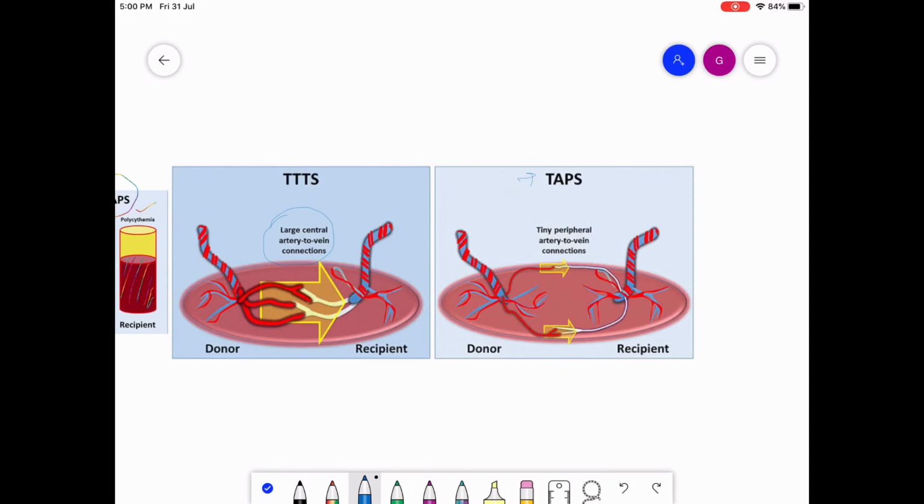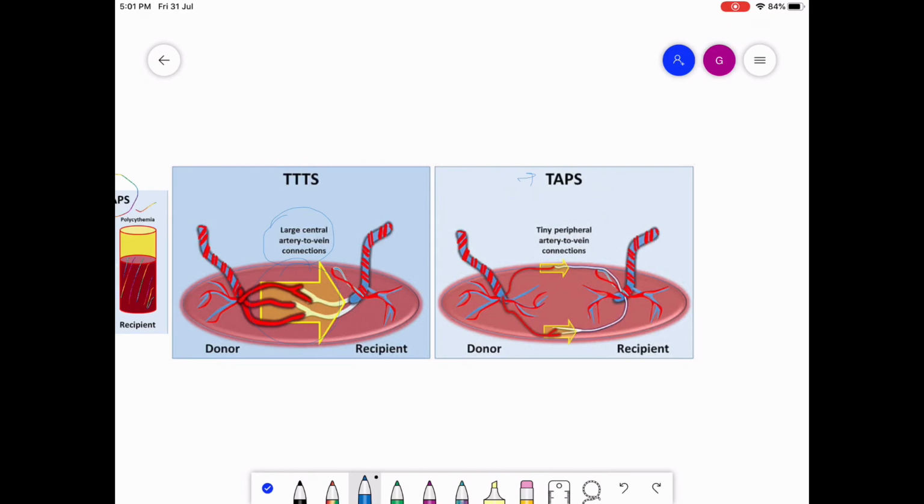So these are the connections, but in these ones there are tiny peripheral artery to vein connections. Actually these TAPS can occur randomly or after an incomplete laser surgery to treat twin to twin transfusion syndrome.